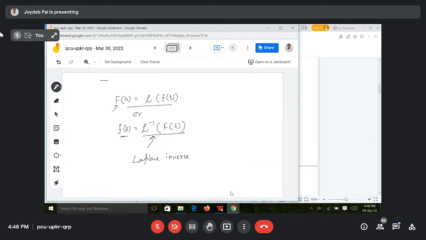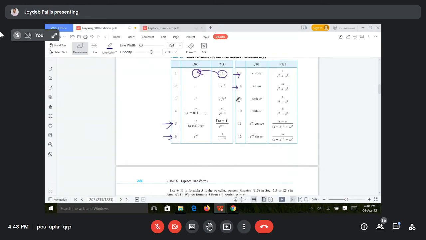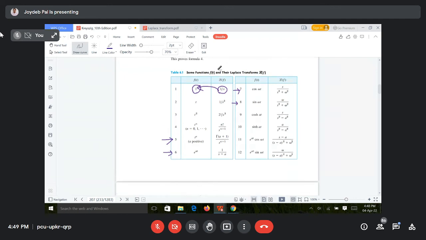That f(t) is called Laplace inverse of the function F(s), and capital F(s) is called Laplace transform of f(t). So L of f, that is the column for F(s). Look, in the second column all the functions are functions of s.